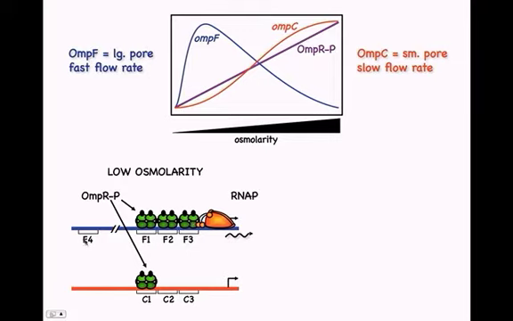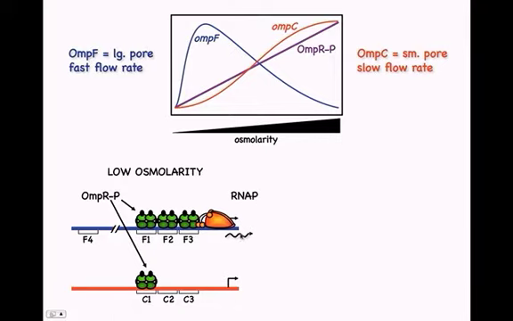The other sites, represented as F4 and as the C1 sites, are low affinity. So under low osmolarity conditions, any OMP-R phosphate that is generated tends to get sucked up in these high affinity sites, which promote, here's RNA polymerase, which promotes the transcription of OMP-F.